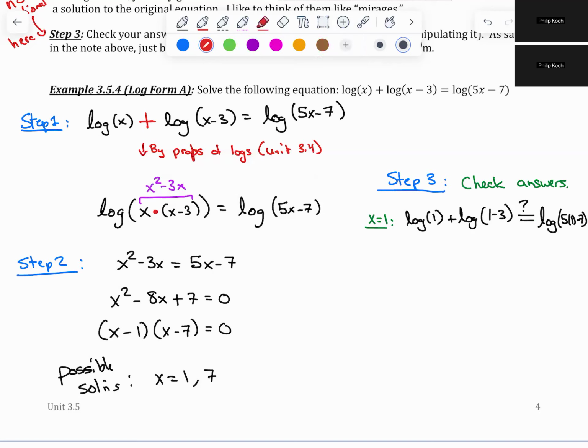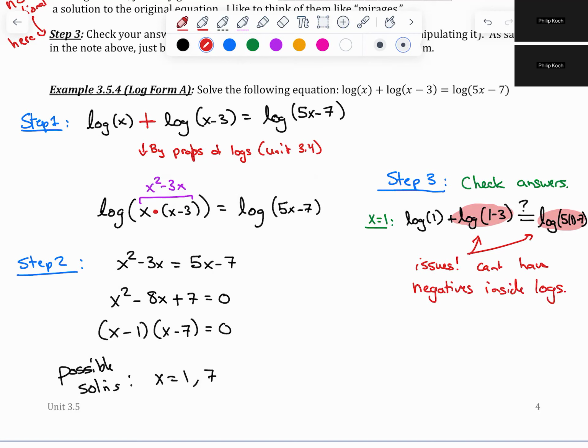And you'll see that both of these are issues.